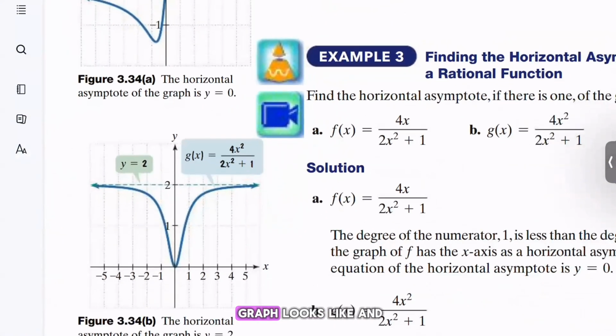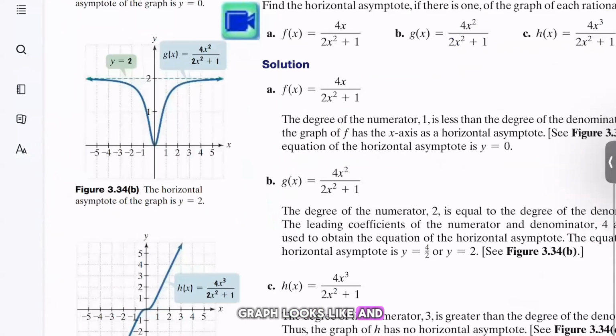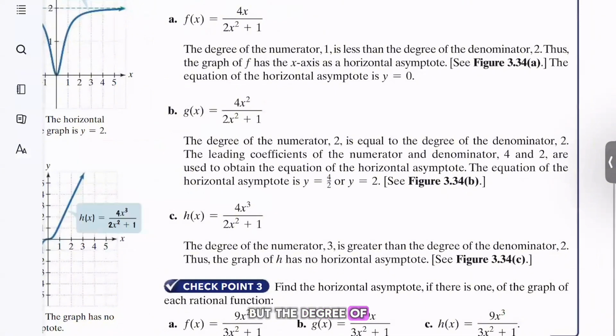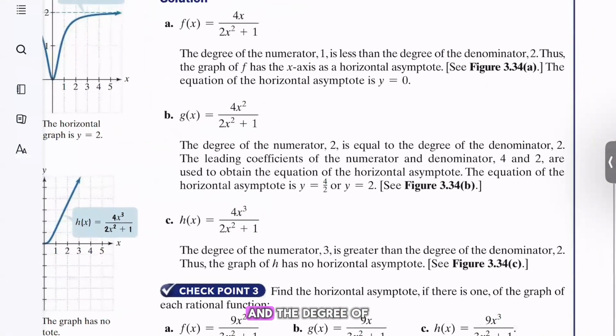So that's what that graph looks like. And then in part C, that's a strange looking graph. It's kind of like a sideways cubic function, or something. It looks like a line with a little squiggle in the middle. But the degree of the numerator is 3 and the degree of the denominator is 2. So there is no horizontal asymptote.